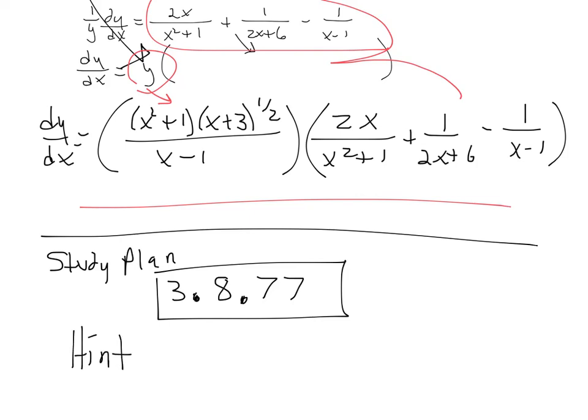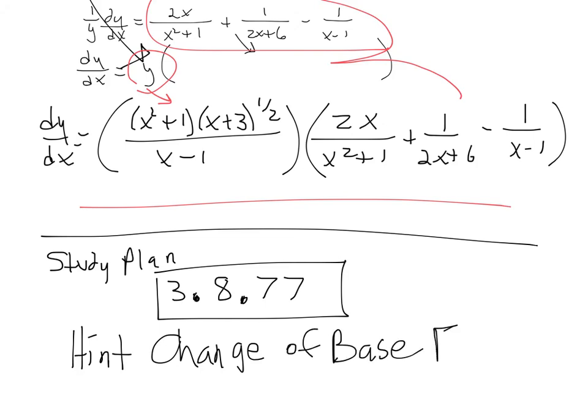A big hint, probably something most of you don't remember, is you're going to have to use the change of base formula. I will work it next class, but it would be nice to see if some of you can actually go ahead and work it without my help. And again, if you didn't know to use the change of base formula, you probably wouldn't know the answer.